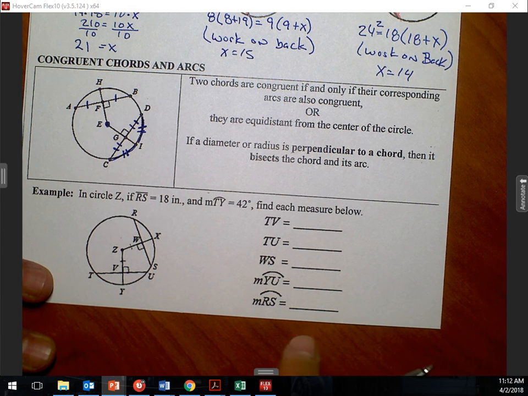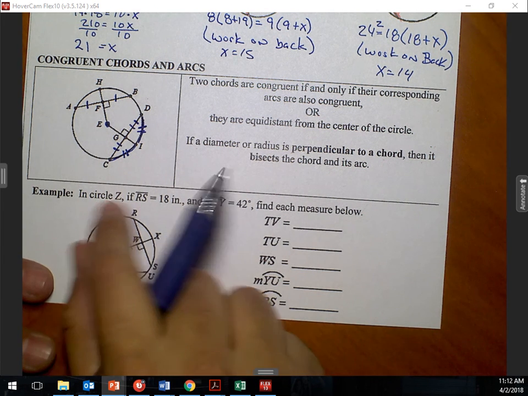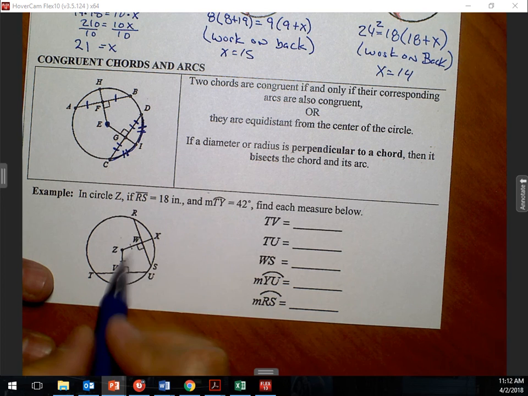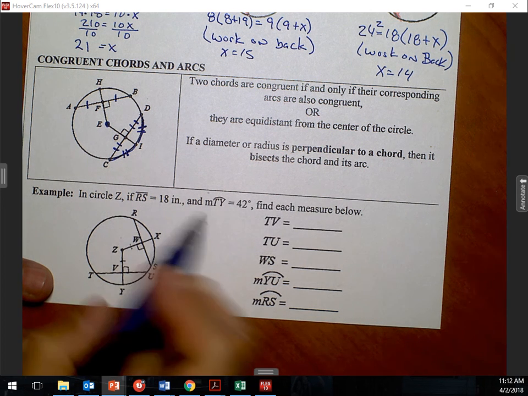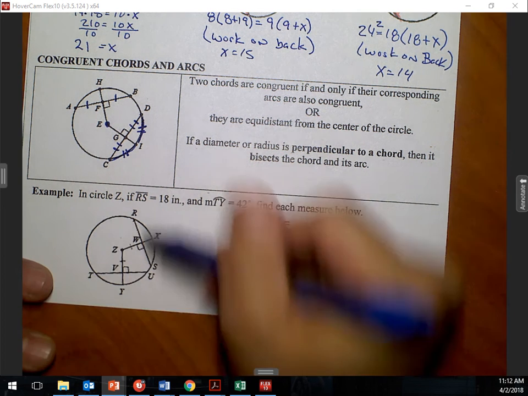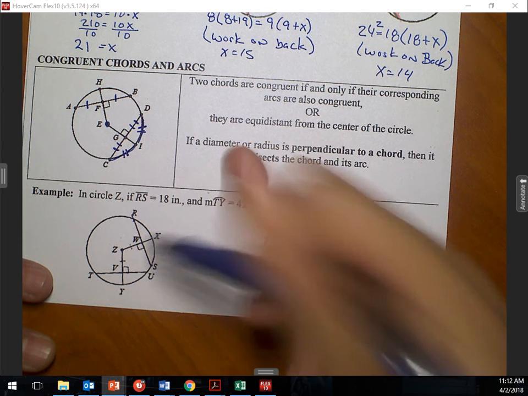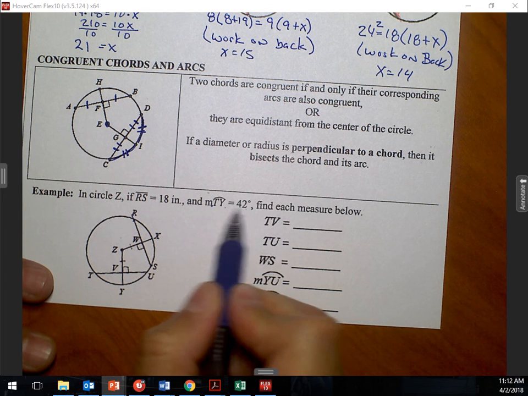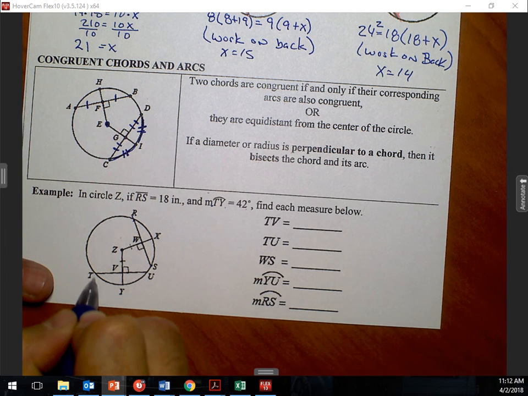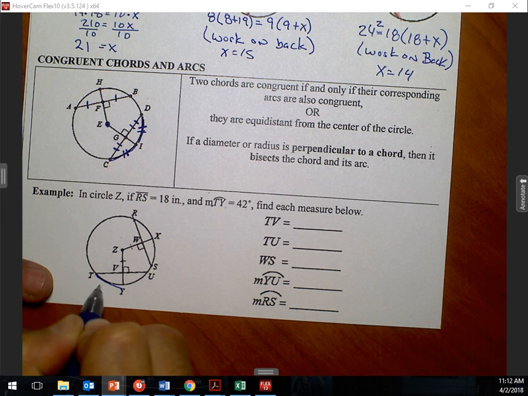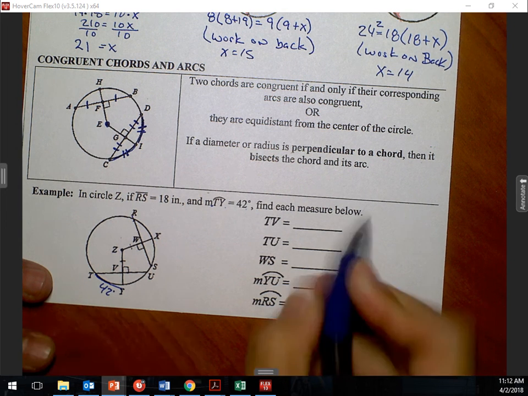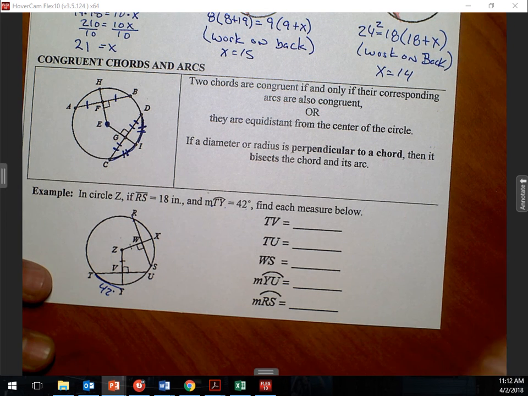I'm not going to do it all over the circle because we'll end up having a whole bunch of mess on here. Okay, circle Z, RS is 18. So from here to here is 18. Arc TY is 42 degrees. Find the measure of each.